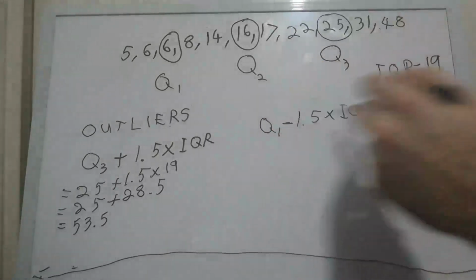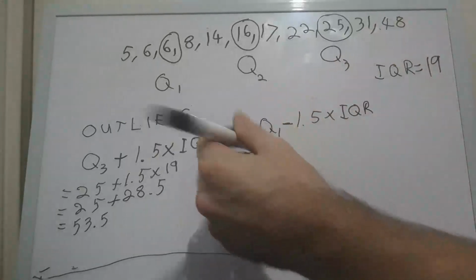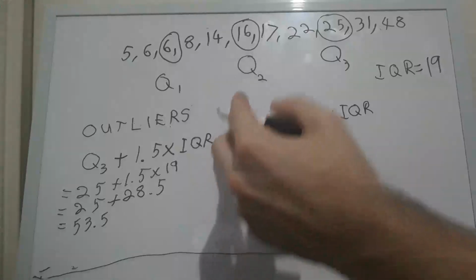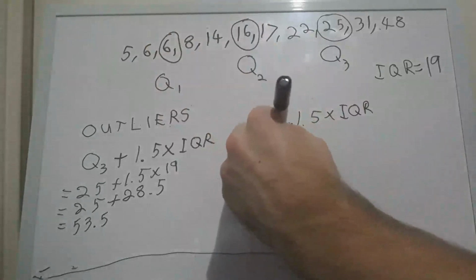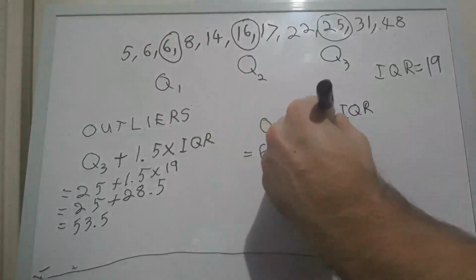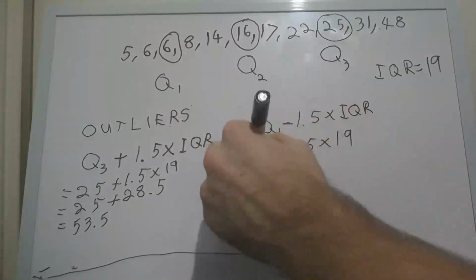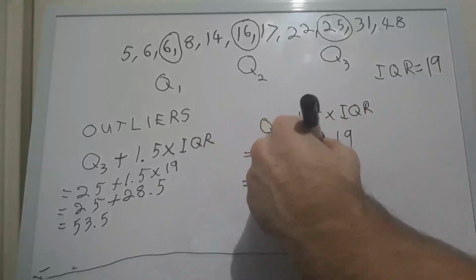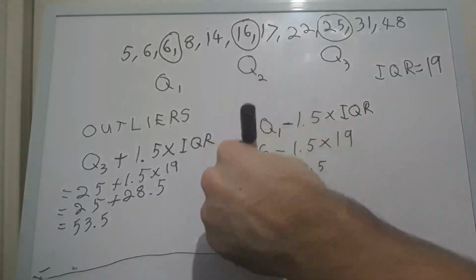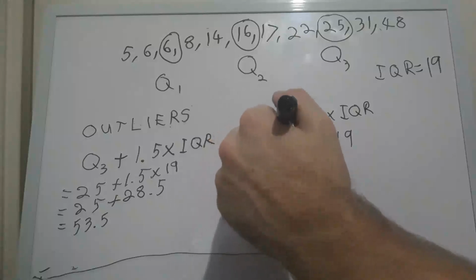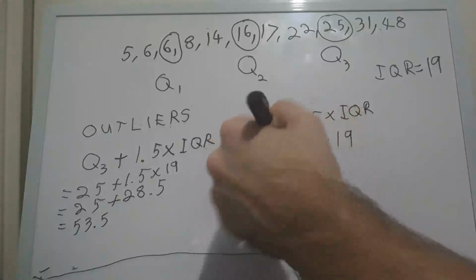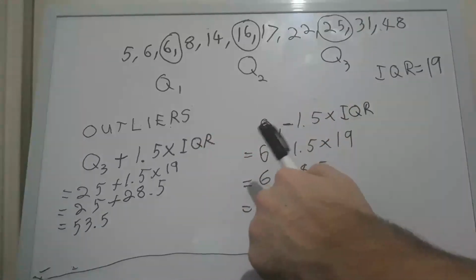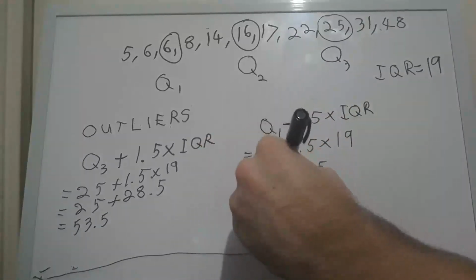So if we put in the values that we know for these, they're not variables, we know what they are, but Q1, that's 6 minus 1.5 times 19, that equals 6 minus 28.5. If I do it the other way, 28.5 minus 6 would be 22.5, and there should be a negative.